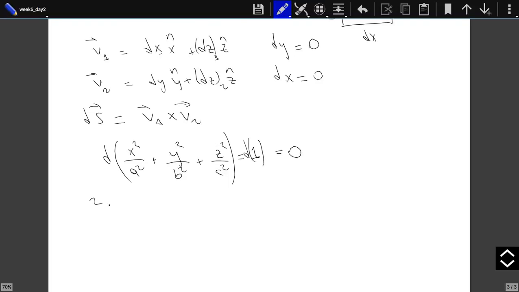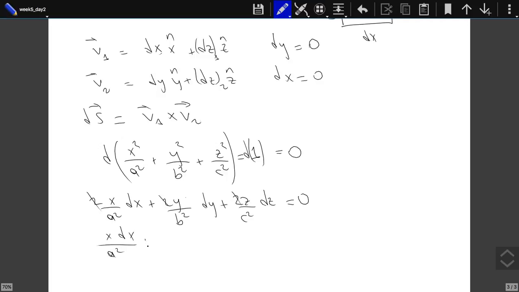Well, that gives me twice x over a squared dx plus twice y over b squared dy plus twice z over c squared dz should be equal to 0 for any two nearby points on my surface. Let me also cancel the 2's: x dx over a squared plus y dy over b squared plus z dz over c squared should be equal to 0 for any two points on my surface.